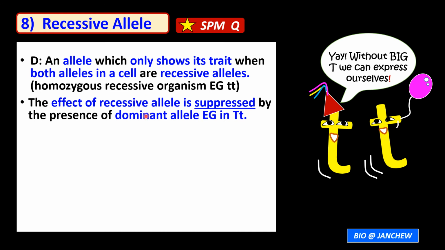Now, the effect of the recessive allele is suppressed by the presence of the dominant allele in a heterozygote, for example, big T, small t, that contains one dominant allele and one recessive allele. So whenever the big T allele, any dominant allele, is around, it will suppress the effect of the recessive allele.